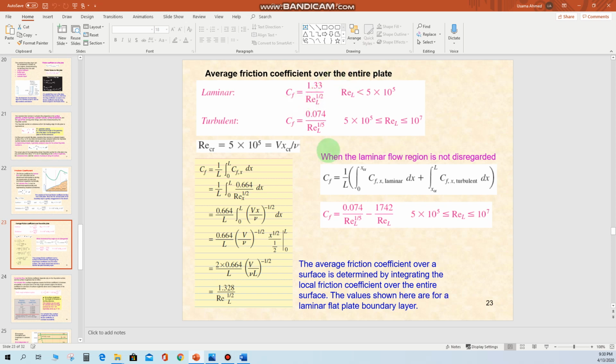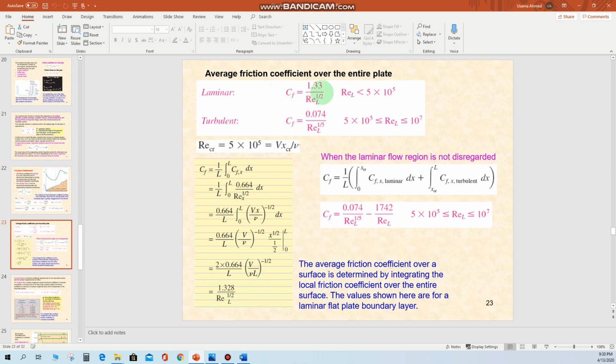Now these two equations are for the entire plate, not the local friction coefficient. Similarly, if the value for the Reynolds number lies within this range for the turbulent flow, you can use this equation directly to estimate the friction coefficient for the entire plate. When we solve the numericals, we usually need to calculate the value for the coefficient of friction for the entire plate.